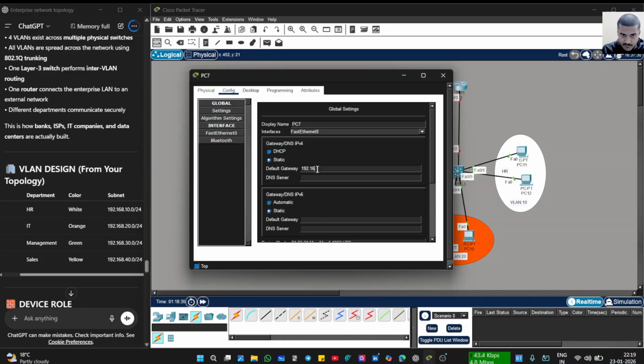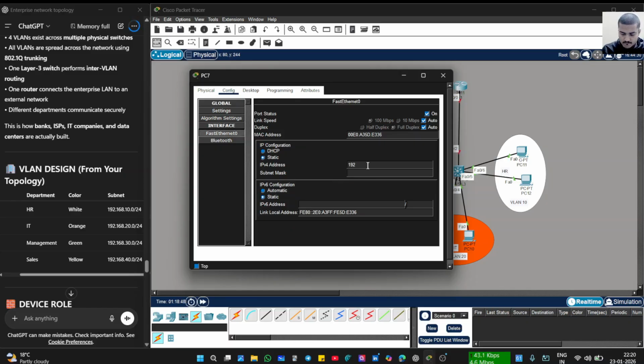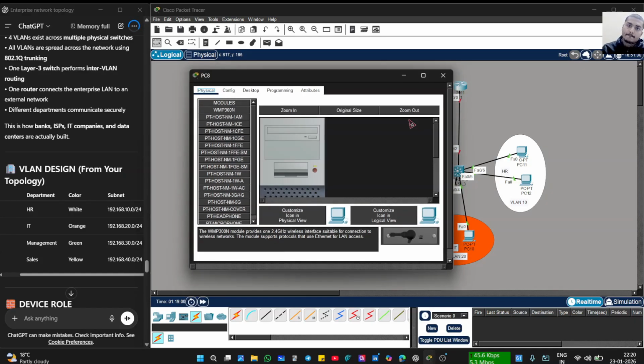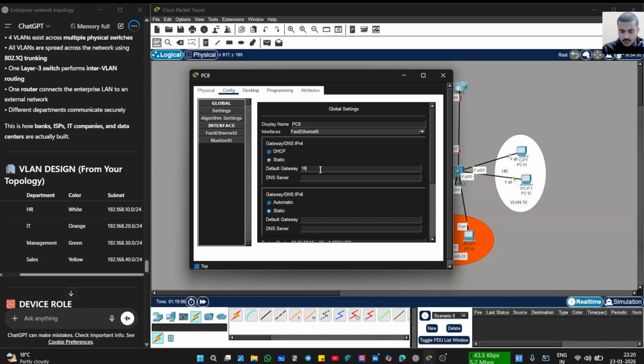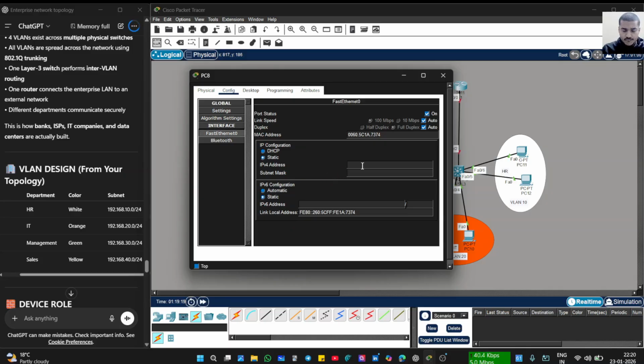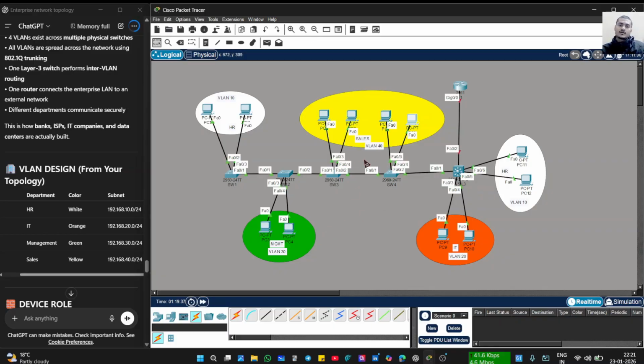We have to make full focus. 192.168.40.12. 40.1 is the gateway. So 192.168.40.13. Yep.